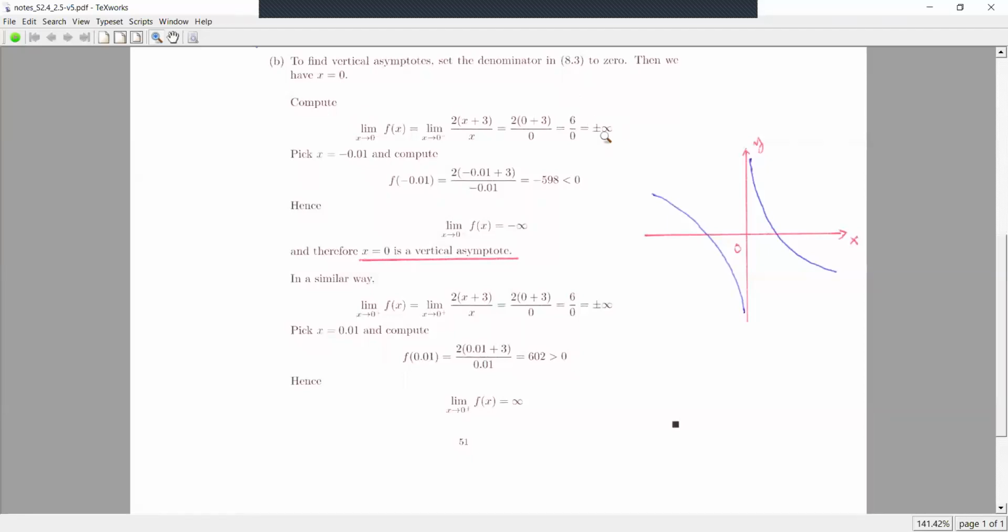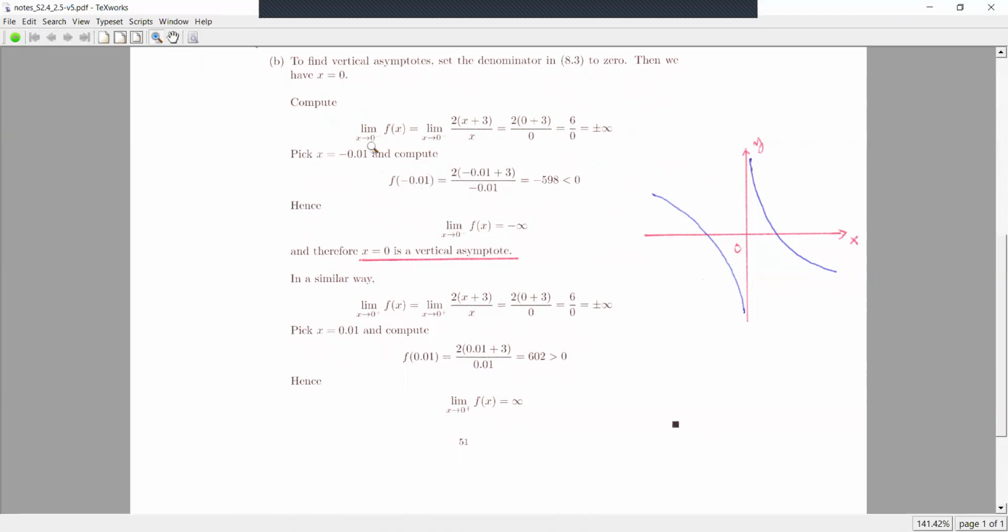To determine the sign of the infinity, I pick a point very close to 0, but on the left side. Say, pick negative 0.01. Evaluate the function value at negative 0.01, then we get the function value is negative.